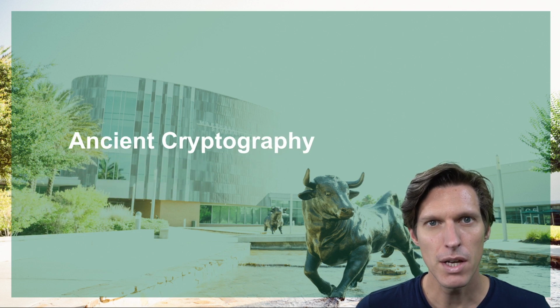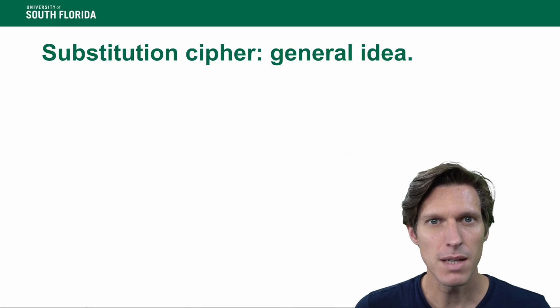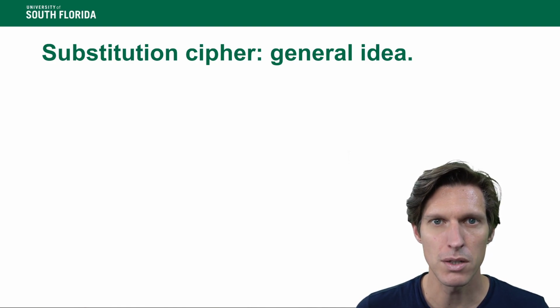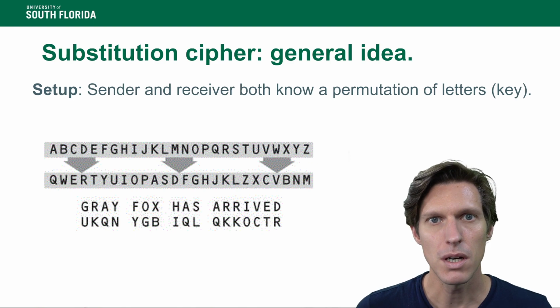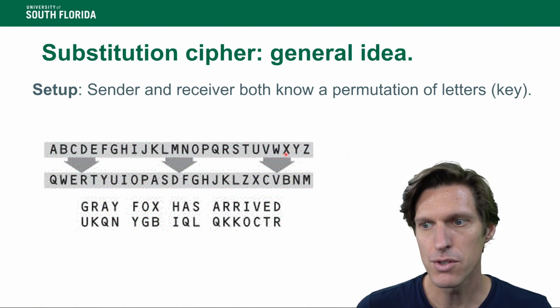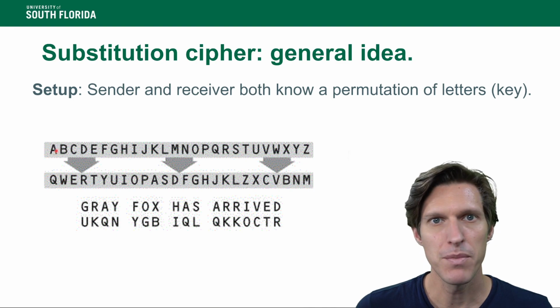So ancient cryptography stems out of the natural idea of substitution. Substitution ciphers are probably the first thing that would come to mind if you were tasked to design a cryptographic scheme. What it means is you can take all the letters of the alphabet and map them to different letters in a way that is a complete permutation.